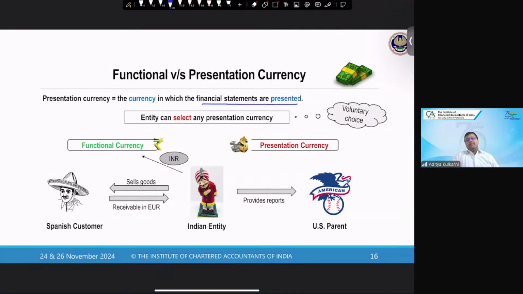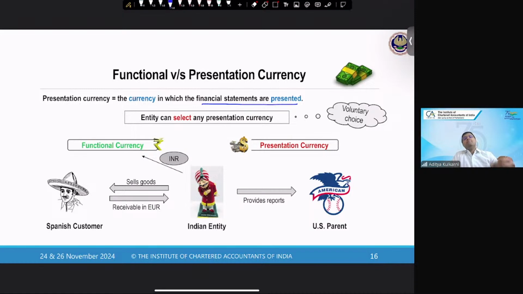But Hindustan Coke is a subsidiary of US Coke. Since it is a subsidiary of US Coke, the results of Hindustan Coca-Cola has to be consolidated into US Coke. If it has to be consolidated, it has to be converted from INR to USD. So when you present your financial statements in USD, what is it called?